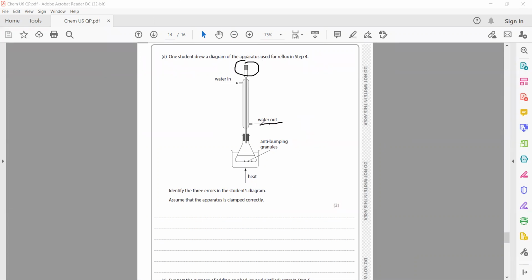Then the water should come in from the bottom and go out from the top, so that it will not create an airlock. And you can see we are using a conical flask here, so we don't use a conical flask. It should be either a round bottom flask, or a pear shaped flask can also be used.